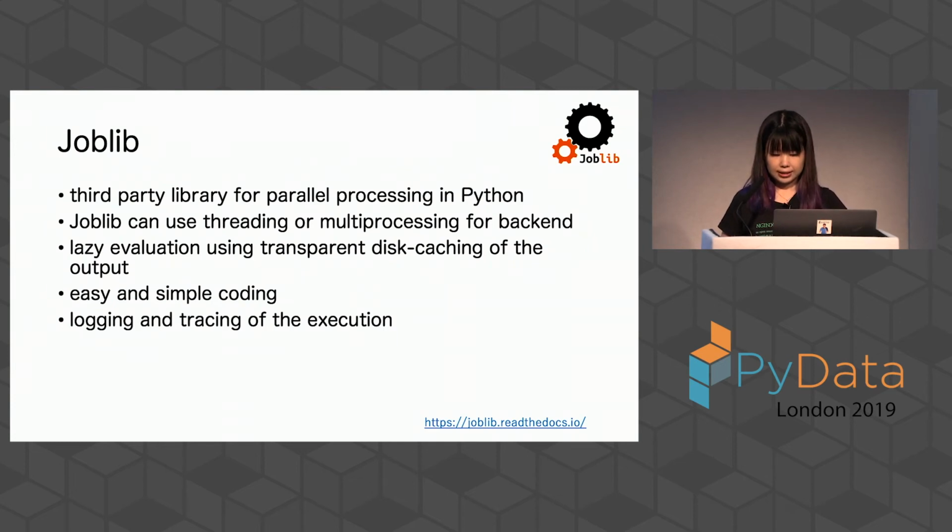Joblib has a lazy evaluation function and can use transparent disk caching of the output. Calculations are performed as needed by the outputs and only when its inputs change. Joblib can be written more simply and easily than threading and multiprocessing. It is truly recommended for users of threading and multiprocessing.